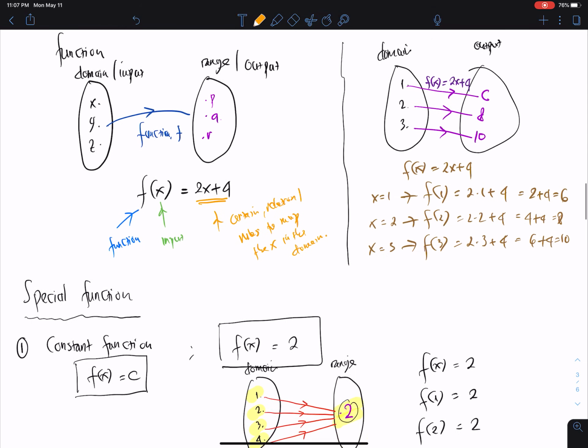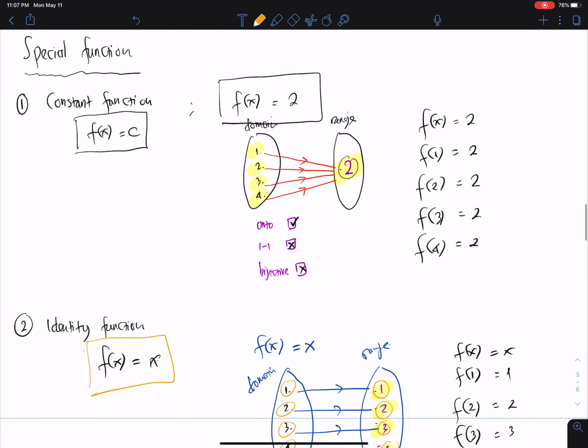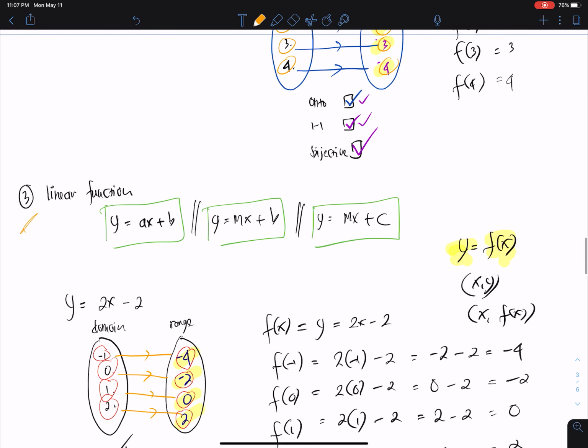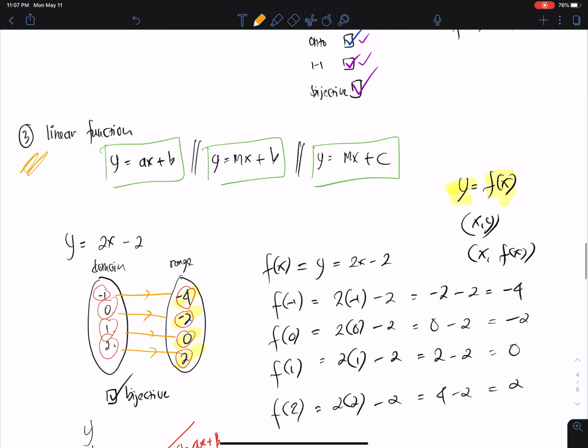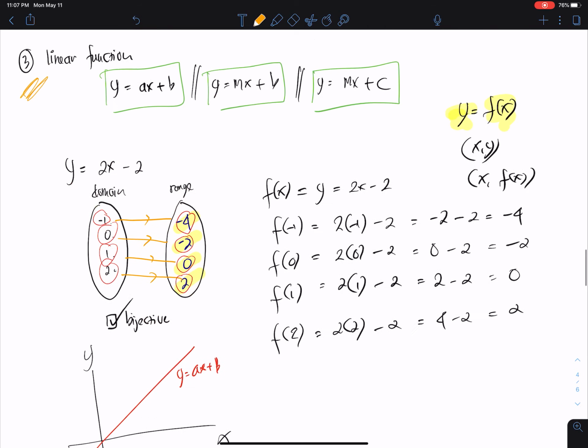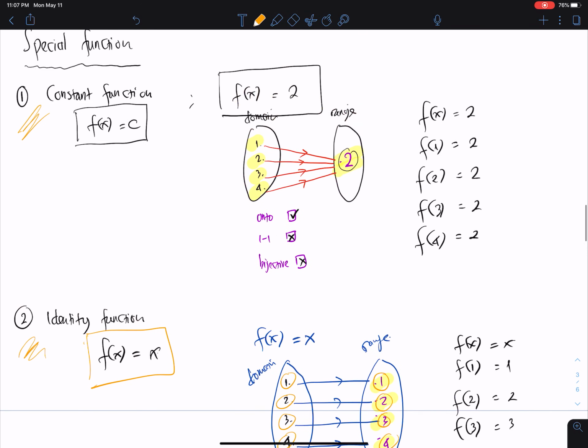Also, we already discussed special functions. One is constant functions, and then we discussed identity functions. We also discussed linear functions, and then we talked about absolute value functions. And we already determined, for example, that constant functions are onto functions.